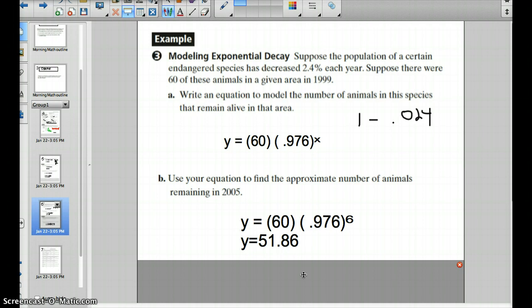Now, obviously, we can't have 0.86 animals, so we may have 52 or we may have 51, depending on the year, but we are losing 2.4% each year. So our population, we've lost quite a few of these endangered species each year. Go ahead and try the next quick check.